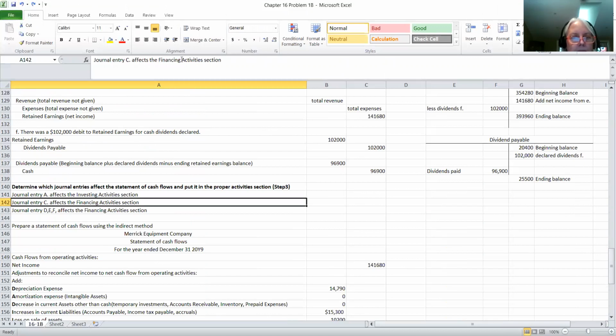It affects the operating activities section and the investing activities section.